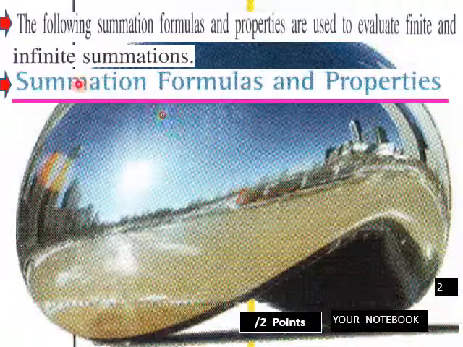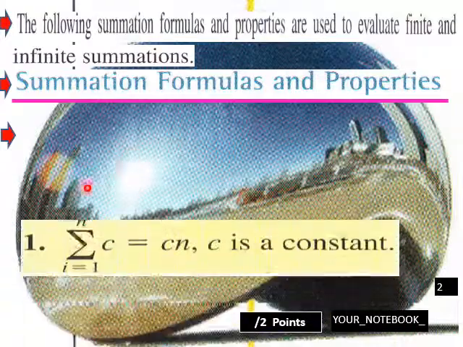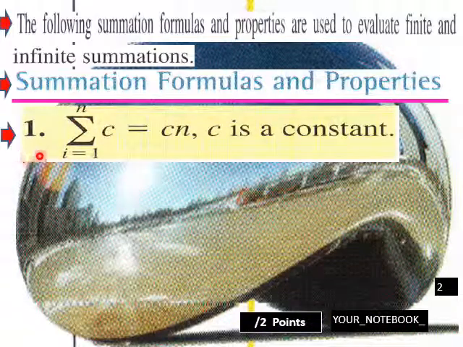The following summation formulas and properties are used to evaluate finite and infinite summations. Property number 1: with an upper limit of n, the summation from i equals 1 of c, where c is a constant, is just c times n.